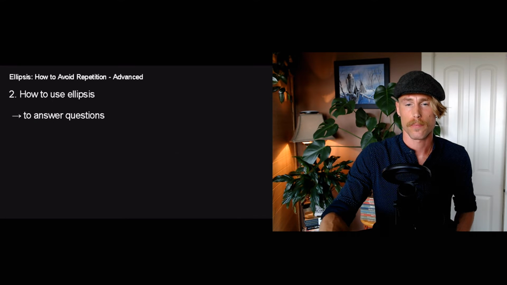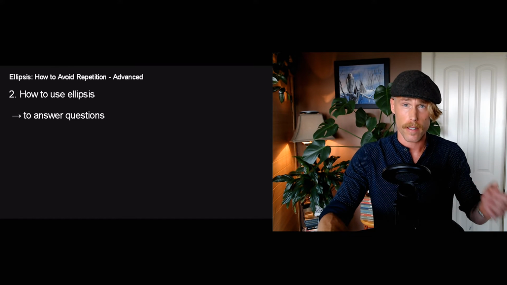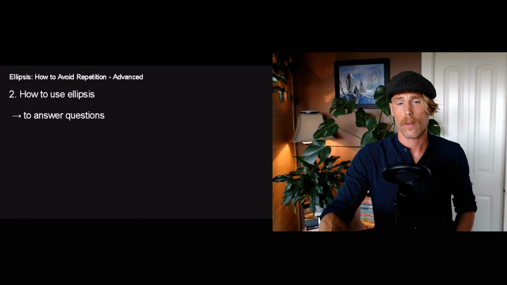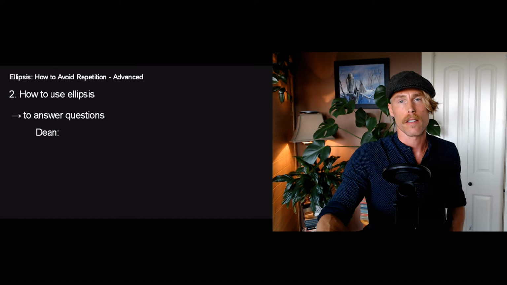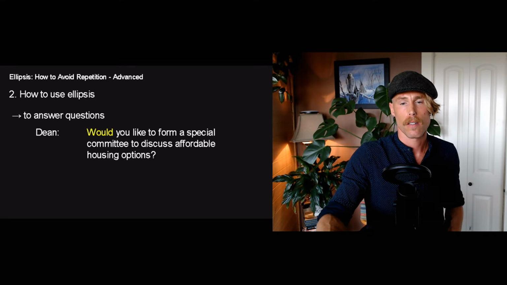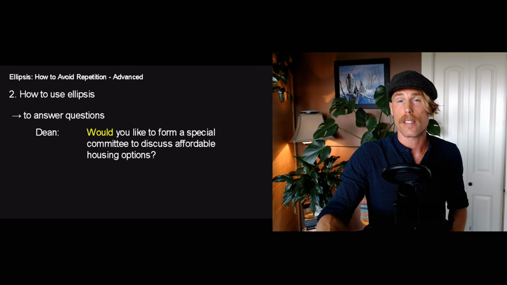Let's keep going. Okay, we also use ellipsis to answer questions, like our first example. Do you like learning English? Yes, I do. Okay, perfect. Let's imagine the dean is talking to the students. The dean says, "Would you like to form a special committee to discuss affordable housing options?"